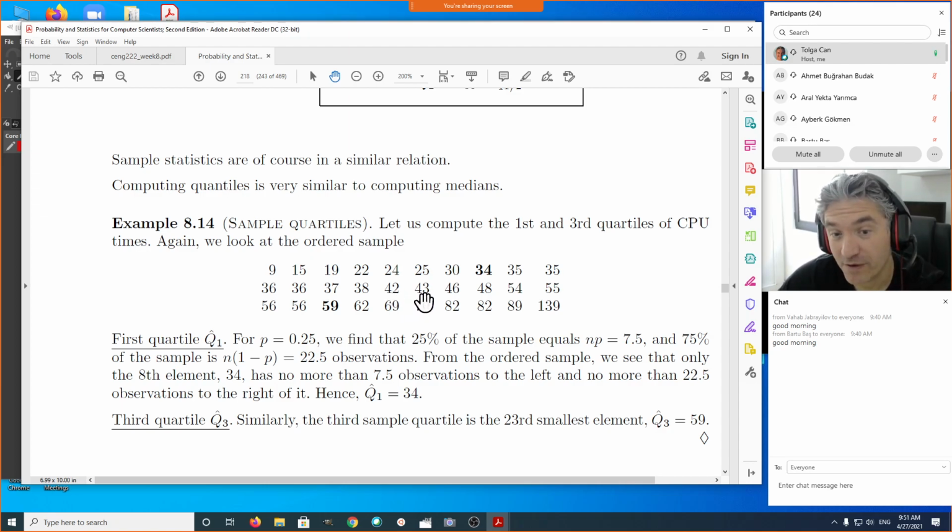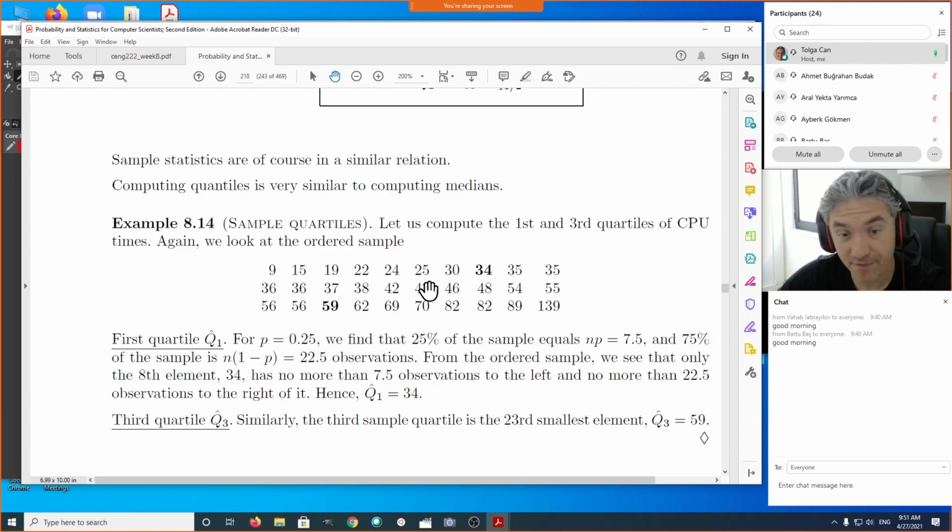43 also qualifies for the median because to the left of it, there are exactly 50% of the numbers, 15 of them. And to the right of it, less than 50%. So 43 is also the median. So 42 and 43 are medians for this example. When we have an even number of data points in our sample, we can choose either one of them as our median.